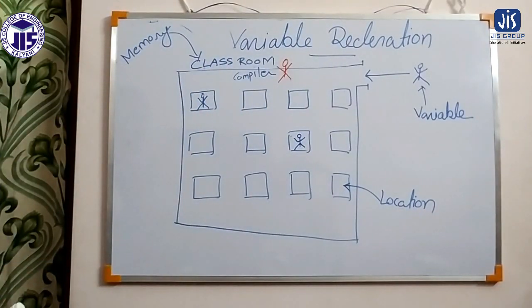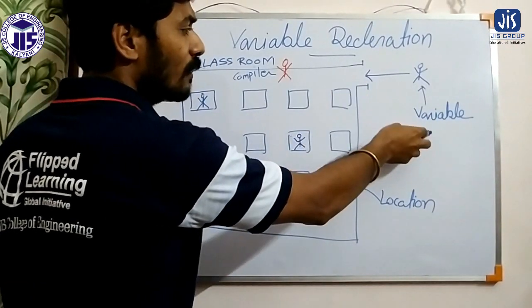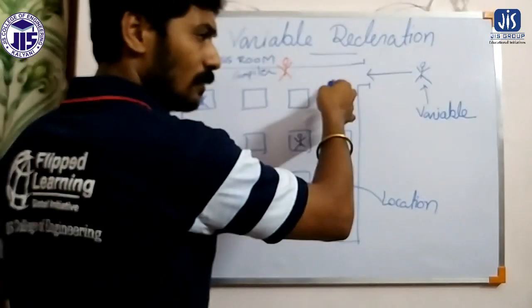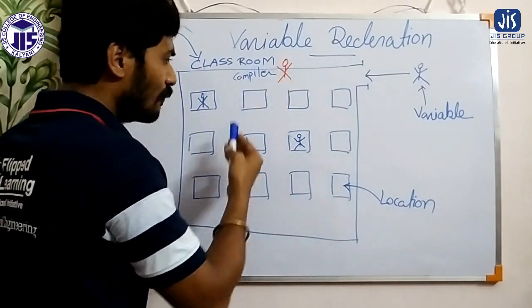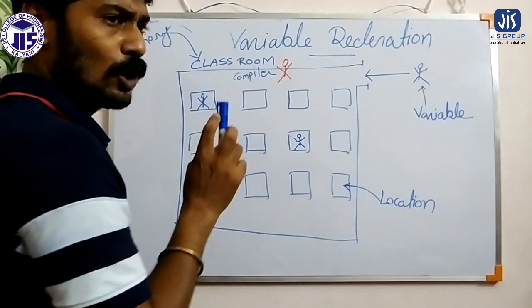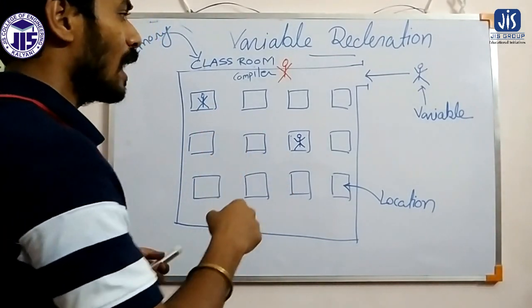So what is happening? Whenever a new variable comes, the compiler will read the variable and send the variable to a particular location, any of these locations. That will be done by the compiler.